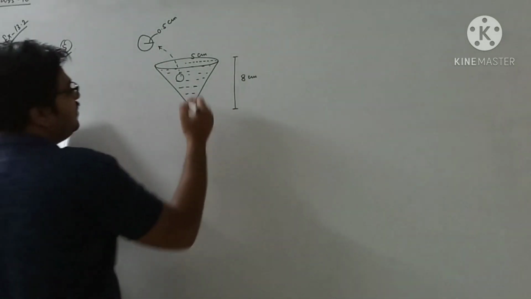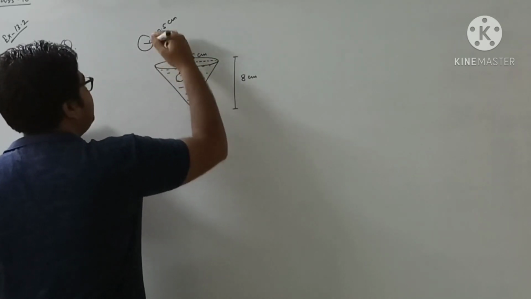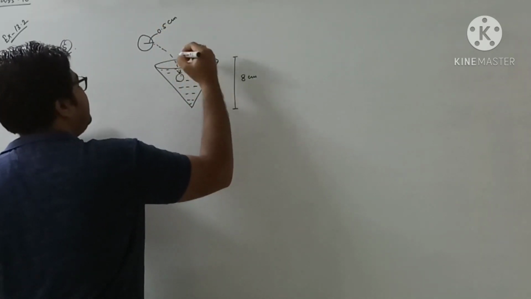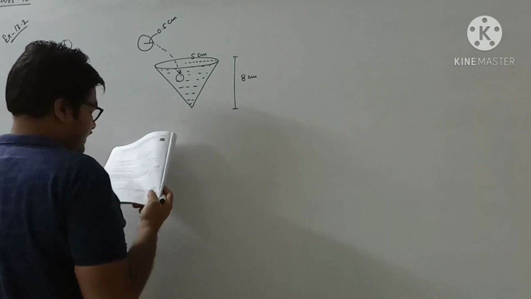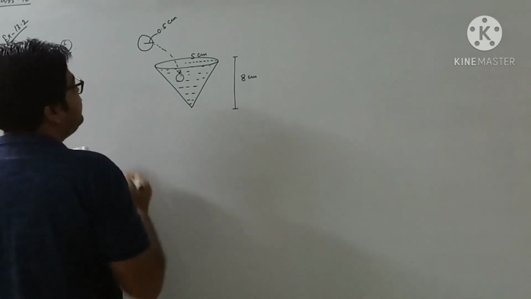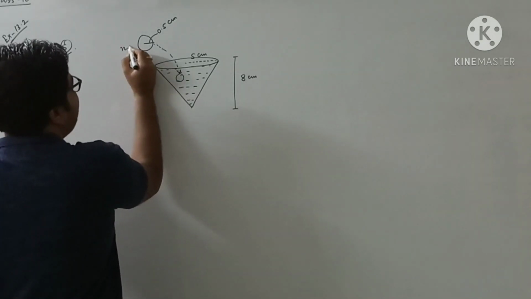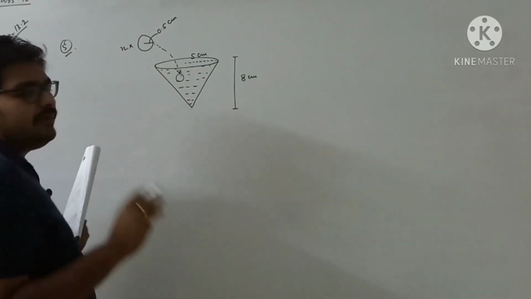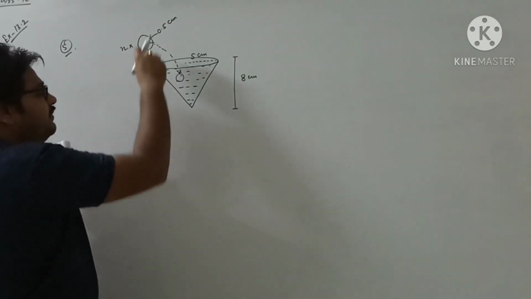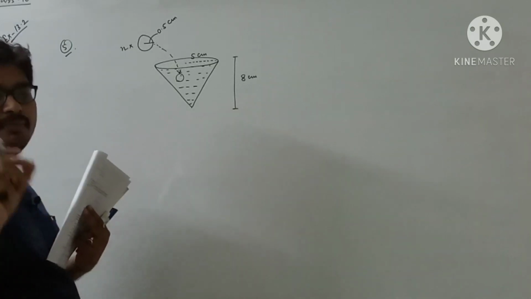Each of the lead shots has a radius of 0.5 centimeter. Suppose n number of lead shots you have dropped in, because it has not been told how many lead shots.